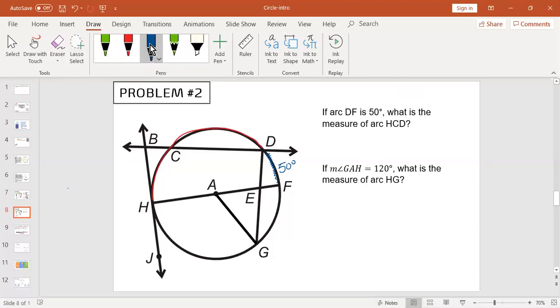Okay, so I know that HF is my diameter, so HDF is 180. So I can say 180 minus the 50 is 130. So this would be 130 degrees. Again, there are 360 degrees in a circle, half is 180.